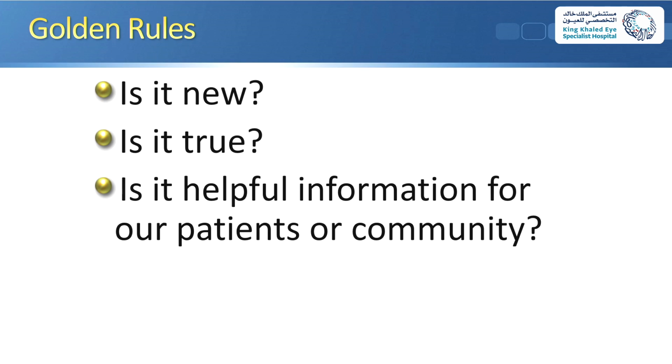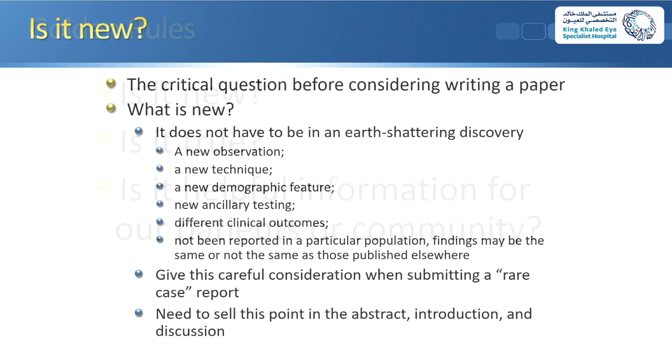I think all of us should ask that even before writing a paper, but reflect on it again when you sit down to write your paper. So what is it? Is it new? It could be a lot of things.